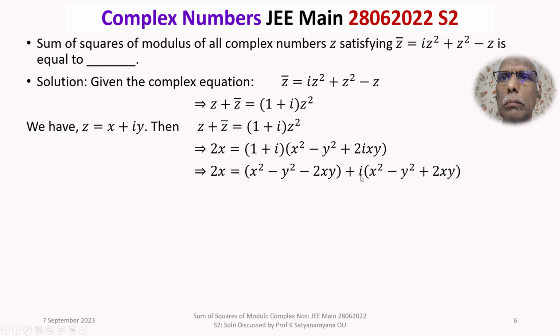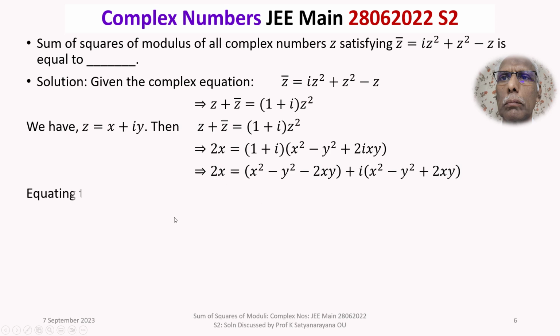So i multiplied by (x² − y² + 2xy) is the imaginary part. Now equating the real and imaginary parts on both sides, on the left hand side we only have the real part, the imaginary part is obviously 0.